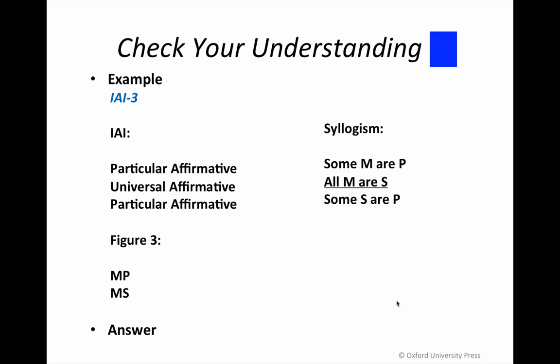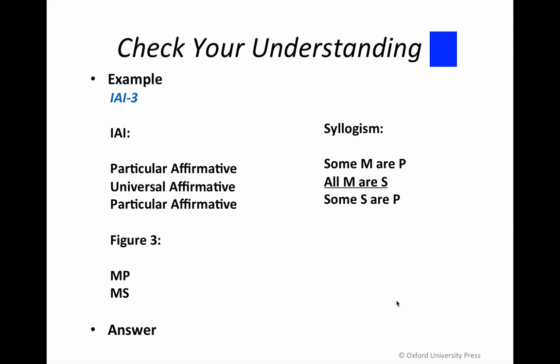First, is the middle term distributed at least once? In the major premise, no terms are distributed. In the minor premise, the middle term is distributed, all M are S. So rule number 1 is satisfied. Rule number 2 reads, if a term is distributed in the conclusion, it must also be distributed in its corresponding premise.